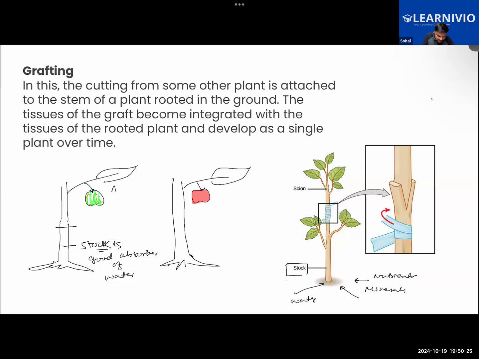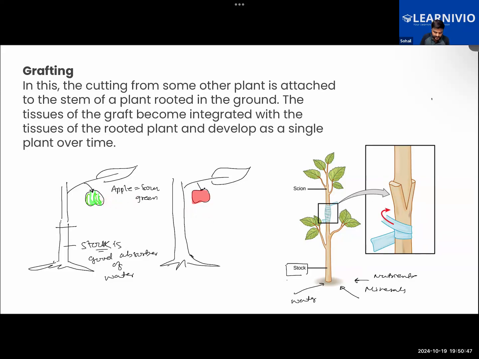So let's say that the apple growing on this plant is sour and green. Is it a favorable, is it a good characteristic of the apple? It's not very sweet, and it is green, let's say. It will not be very profitable for the farmer to sell in the market.